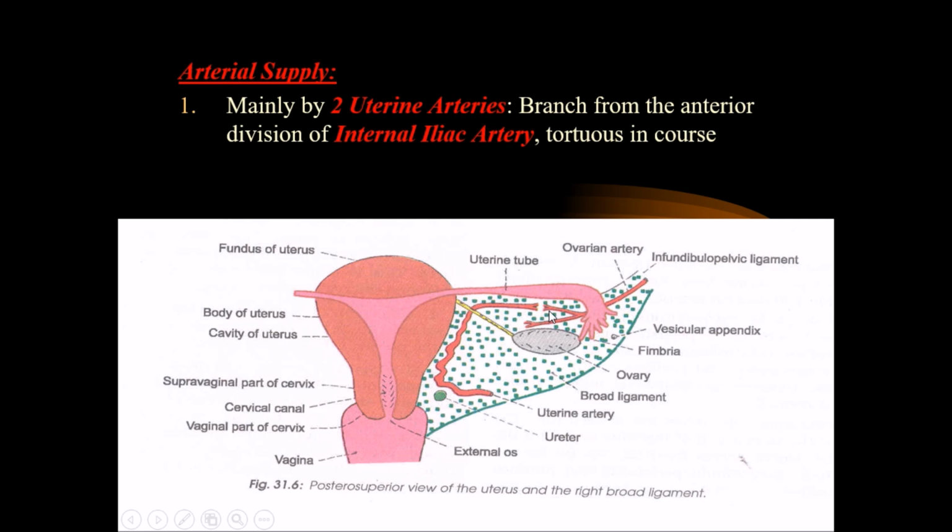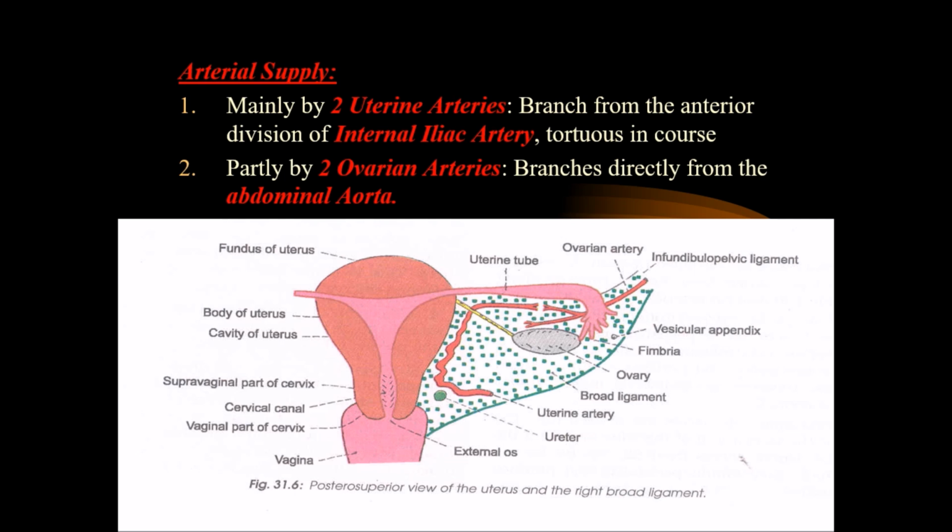This is called the uterine artery on either side. So there are two uterine arteries, one on each side. These arise from the anterior division of the internal iliac artery. Then the second important artery is the ovarian artery, which partly supplies the uterus.